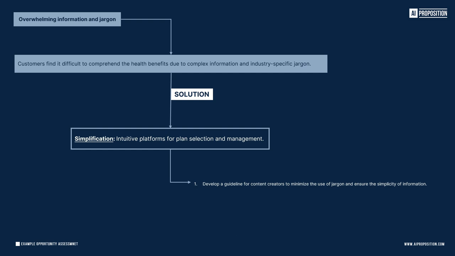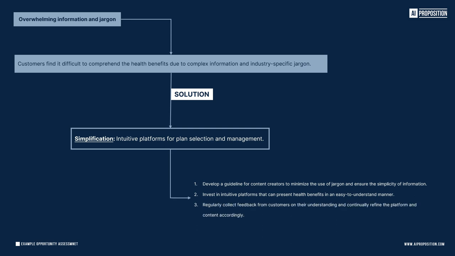Can we develop a guideline for content creators to make sure that they use the relevant language to communicate the benefits, but without the jargon? Can we help them invest in intuitive platforms to make this easier to understand? And can we get feedback from our customers to keep this as a continuous iterative process?